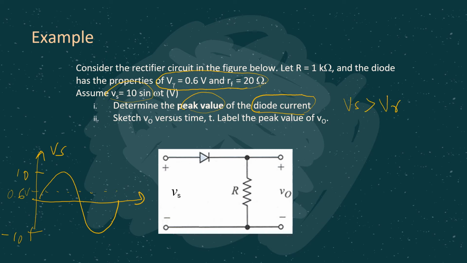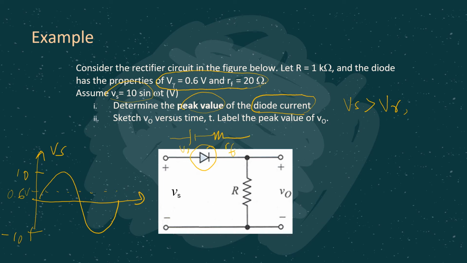Only then will the diode be conducting and we get current. Meaning we just have to consider one condition, where Vs is larger than V gamma. At that time the diode is on, and remember we are considering the third model, meaning this diode can be replaced with V gamma and a resistor RF in series.